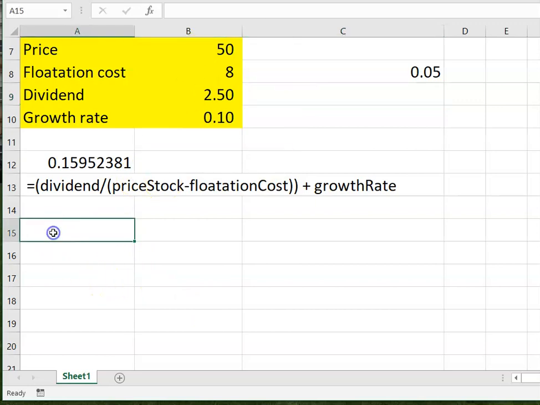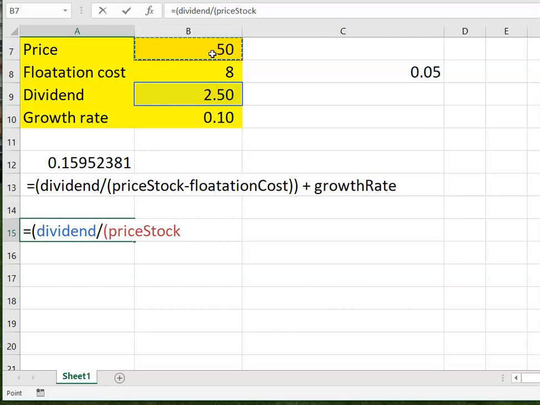Then the way I would calculate this is equal to the dividend, again, divided by the price times, I got to keep using these parentheses, 1 minus this number over here. Okay, that parenthesis closes that.